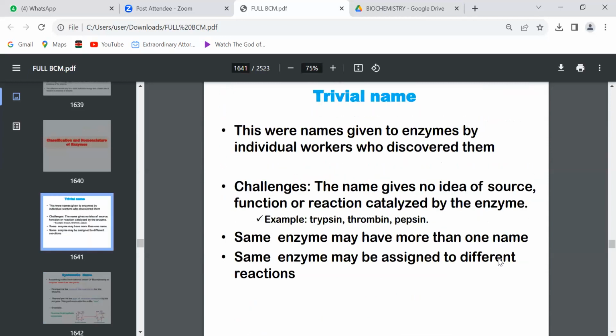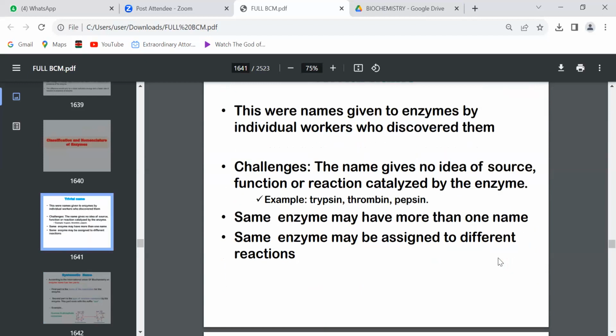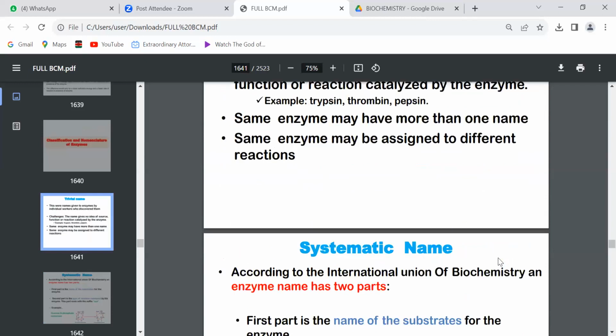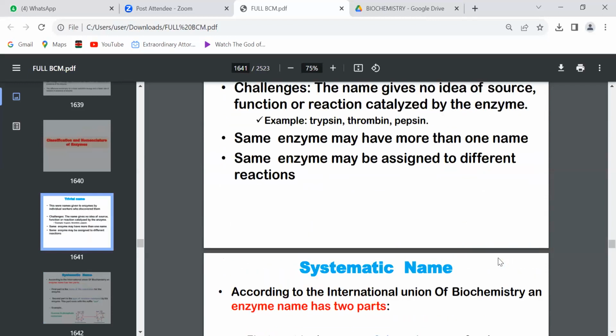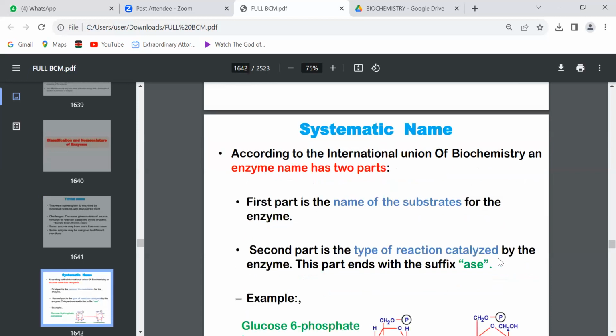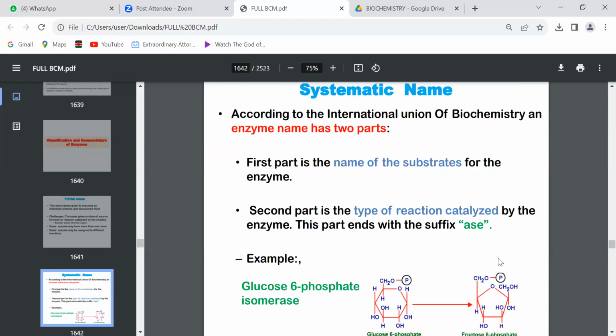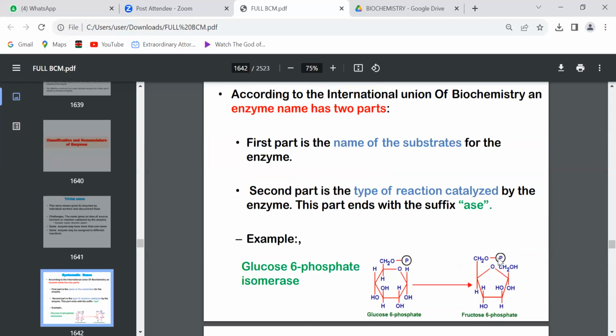Oh, okay. So now when we are naming enzymes, there are two systems, either the trivial name or the scientific name. The trivial names are just those random names, like trypsin. You just hear trypsin, you don't even know what it is or what it does. It gives absolutely no idea of anything. But then we have the systematic names, which at least give an idea of what that enzyme does. The first part of the name gives the name of the substrate, and the second part gives the type of the reaction.